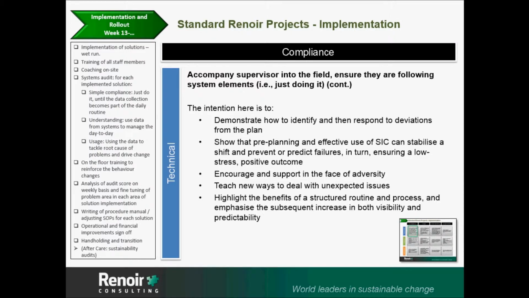Encourage and support in the face of adversity. Teach new ways to deal with unexpected issues. And highlight the benefits of a structured routine and process, and emphasize the subsequent increase in both visibility and predictability.